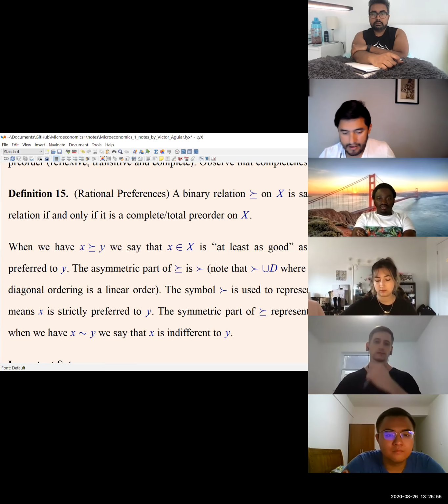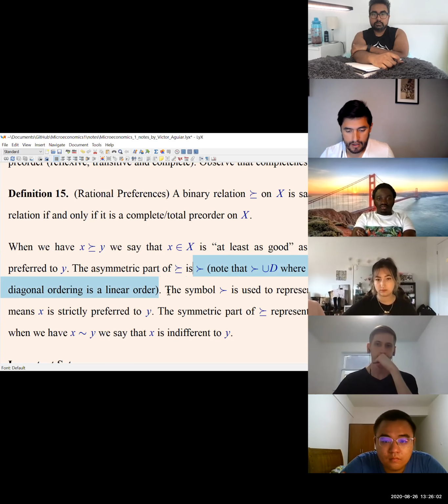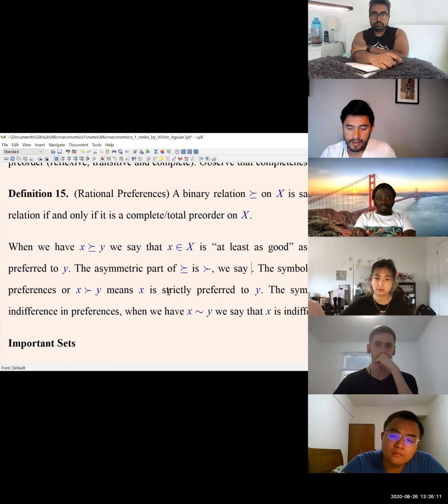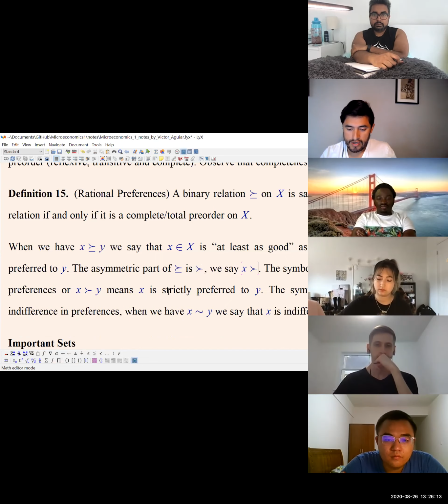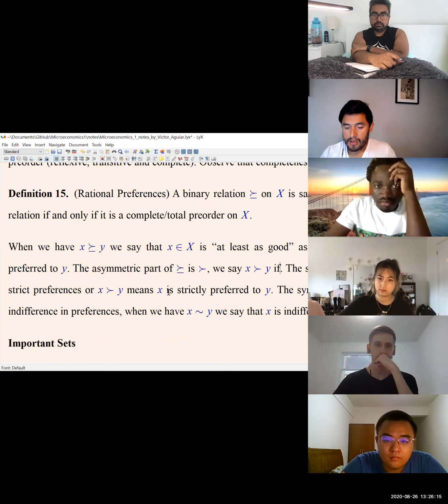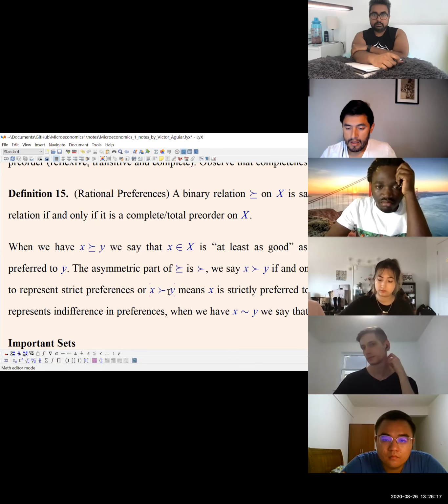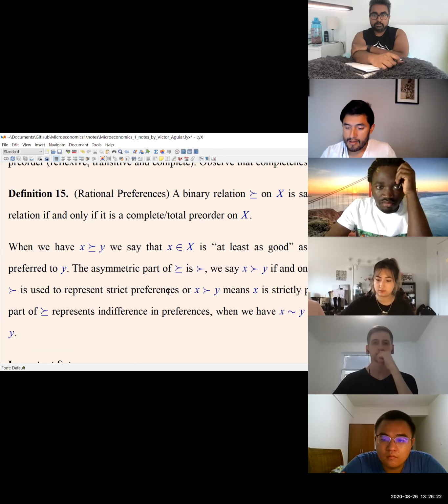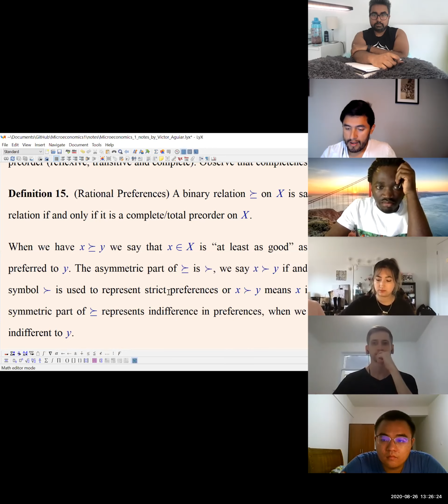I'm going to define it here so you don't have to go back and forth to the previous part, updating this to make it simpler. We say that X is in a strict relation with Y if and only if X is in relation with Y, but Y is not in relation with X.